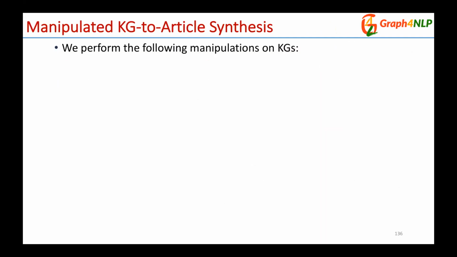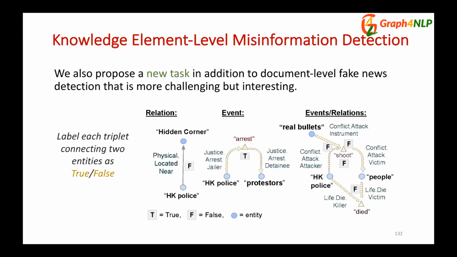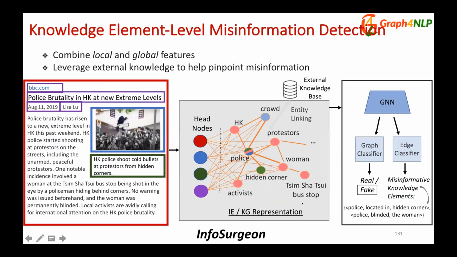So, let me go back to the graph example. Suppose we have this graph, and then we change this edge, for example, instead of the Hong Kong police shooting, we change it to maybe students.